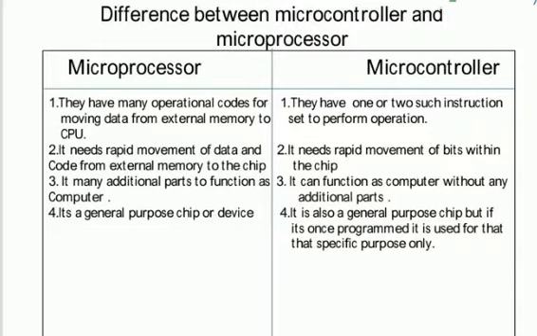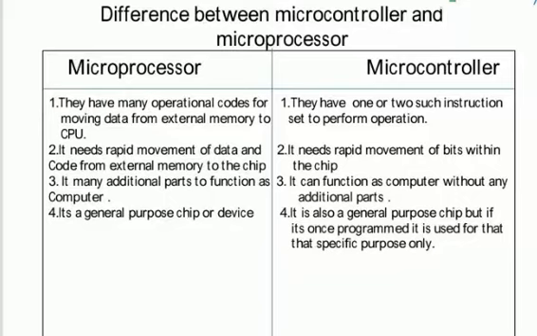Microprocessors have many operational codes for moving data from external memory to the CPU, while a microcontroller has one or two such operation instructions. A microprocessor needs rapid movement of data in the chip, while a microcontroller needs the movement of bits inside it. A microprocessor requires many additional parts to function as a computer, like the addition of RAM.